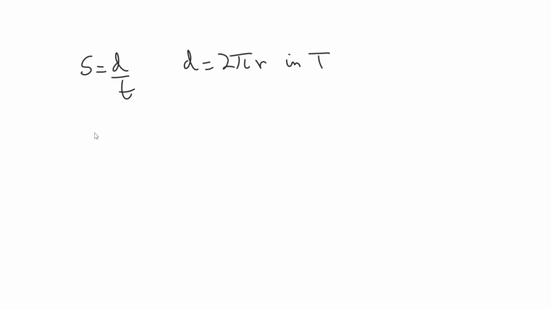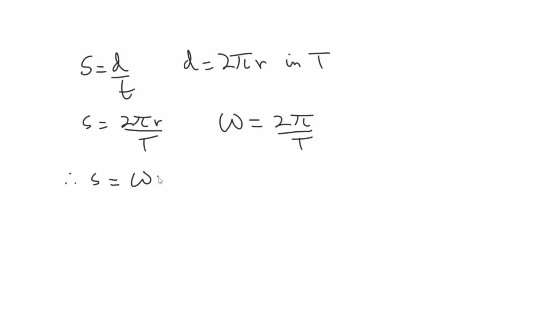Therefore, substituting in speed is distance over time, we quickly get that speed is equal to 2 pi r over the period T. Now earlier we saw that 2 pi over T is equal to omega, as long as T is the period, that is. Therefore, the speed at any point is going to be equal to omega r. And this of course means we can say that the instantaneous velocity at any point is also equal to omega r.